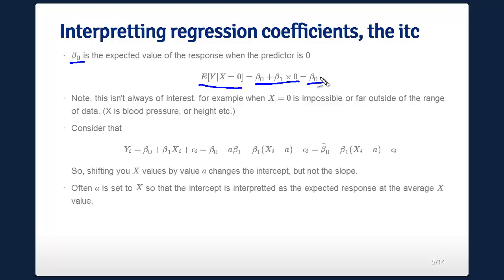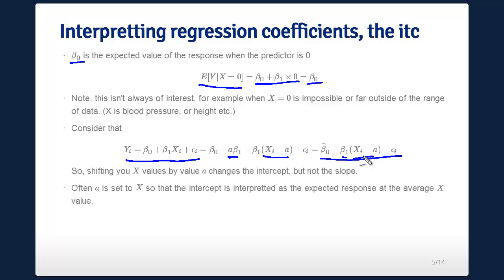There's a trick so that you can get the intercept to be interpretable, but not tinker around with the slopes. Here's our model, y i equals beta naught plus beta 1 x i plus epsilon i. Let's imagine if I shifted x i by amount a, and then I subtracted beta 1 a right there, and then I have to add beta 1 a right there. Then I wind up with the same exact model, with beta 1 times the shifted x.